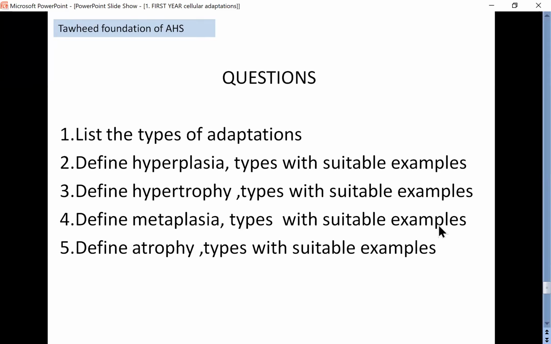Physiological means which comes under a normal condition, and pathological means in a diseased condition, wherever the cell will undergo any changes. So that's all for today. We'll see you in the next class.